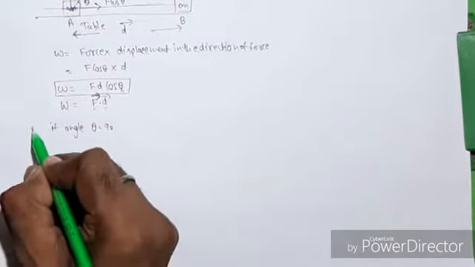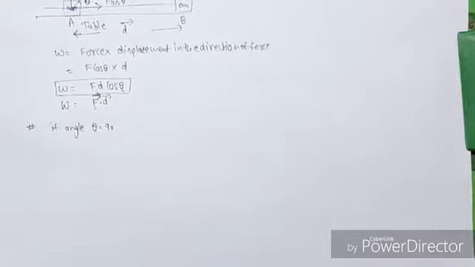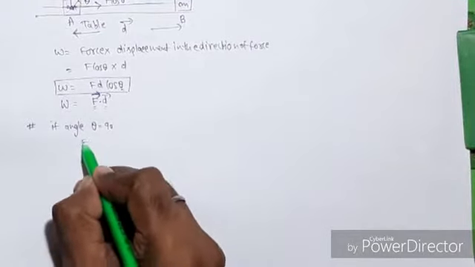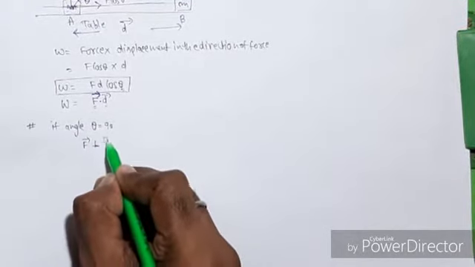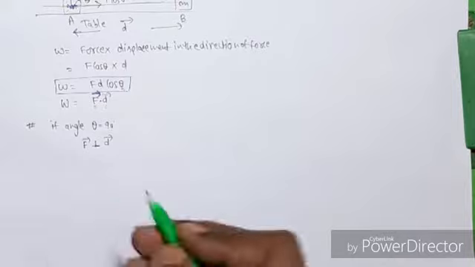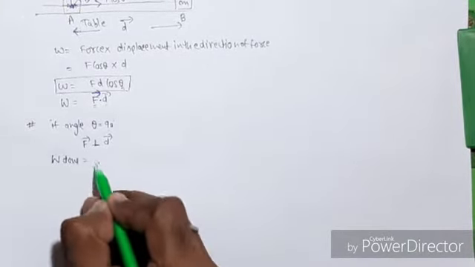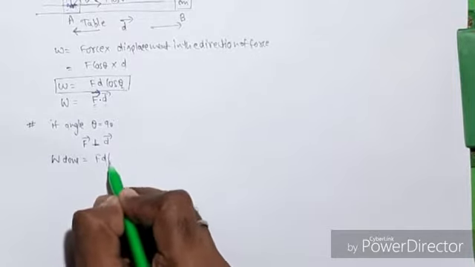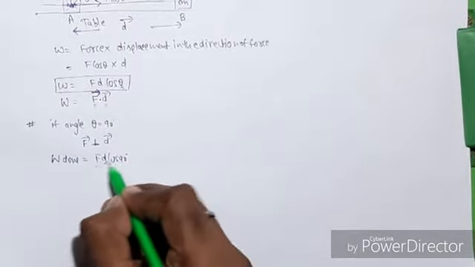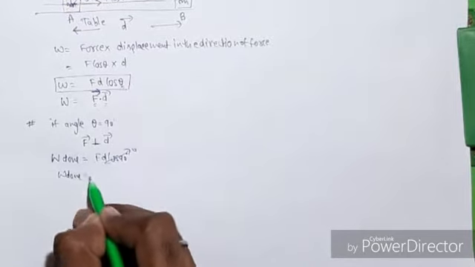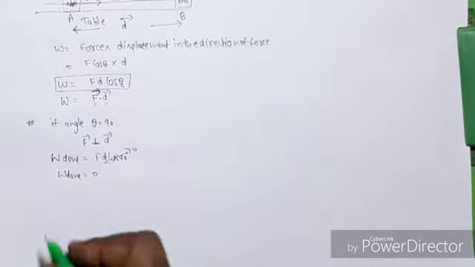It is a very important case, when the force applied is perpendicular to the displacement. That is, force vector and displacement vector are perpendicular to each other. So in this case, work done would be 0. Why? Because Fd cos 90 and cos 90 is 0. Therefore, work done by this force is 0, isn't it?